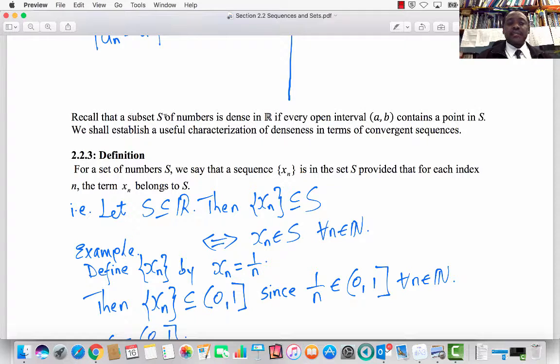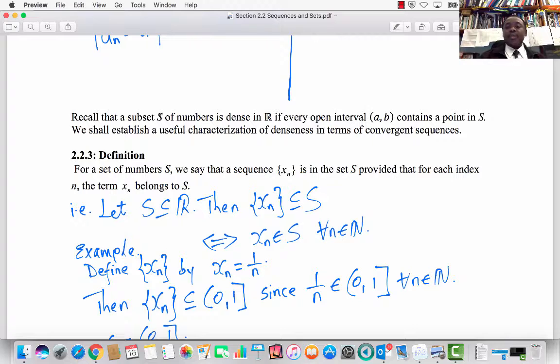Recall that a subset S of the real numbers is said to be dense in R if every interval (a, b), where a is less than b, contains an element of S. That is, if I pick an open interval (a, b), a less than b, no matter how small this open interval is, I can always find an element x that is from S. If that happens, we say that S is dense in the set of real numbers.